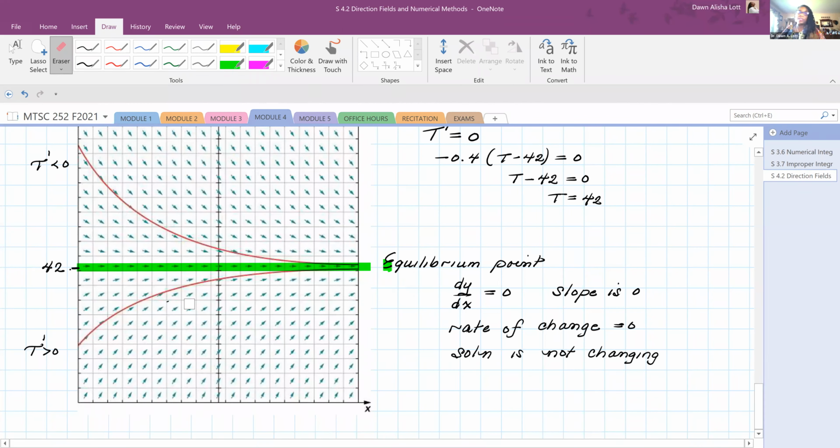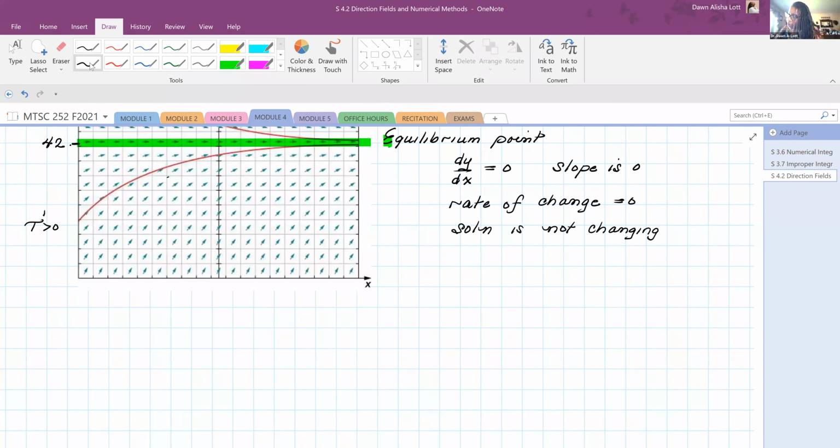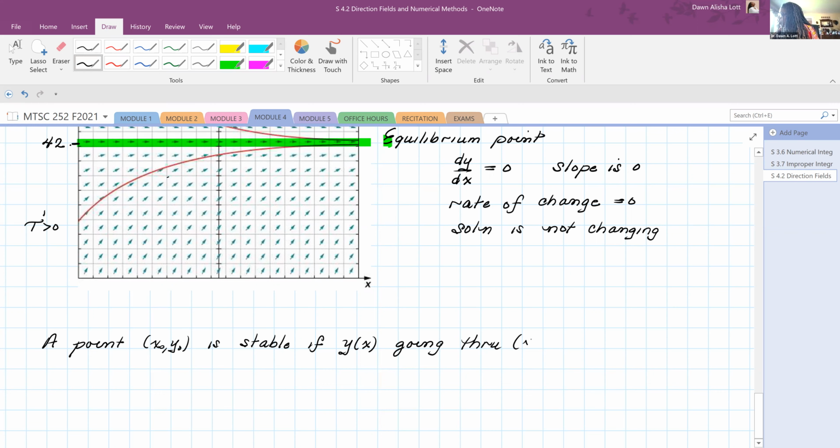We also say the solution is stable. A point (x naught, y naught) is stable if the solution y of x going through the point (x naught, y naught) tends to an equilibrium.